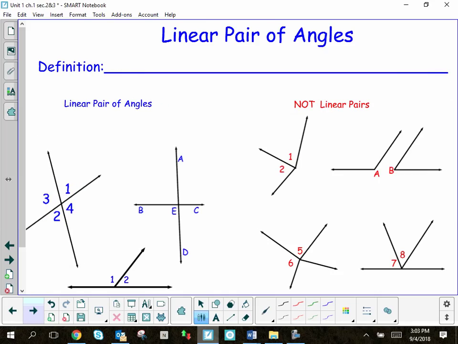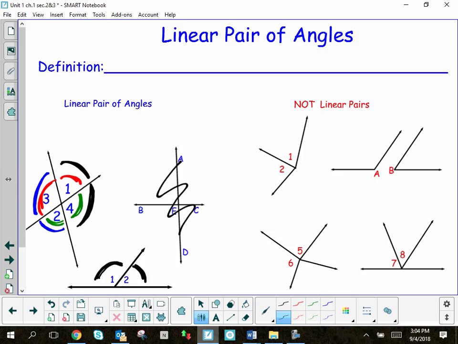Okay, linear pair. Linear pair. So let's go over what consists of a linear pair. Angle 3 and angle 1. Angle 2 and angle 4. Now there's more. Angle 3 and angle 2 are also a linear pair. And then even these over here, angle 1 and angle 4. Okay, same thing down here. This angle 1 down here is a linear pair with angle 2. And we're going to skip this picture, okay, because that should be a good enough example.